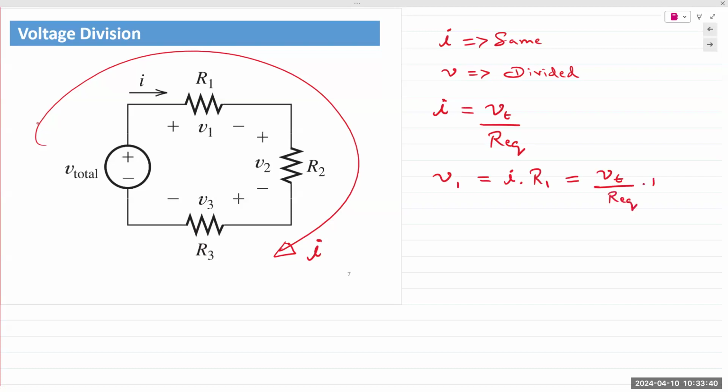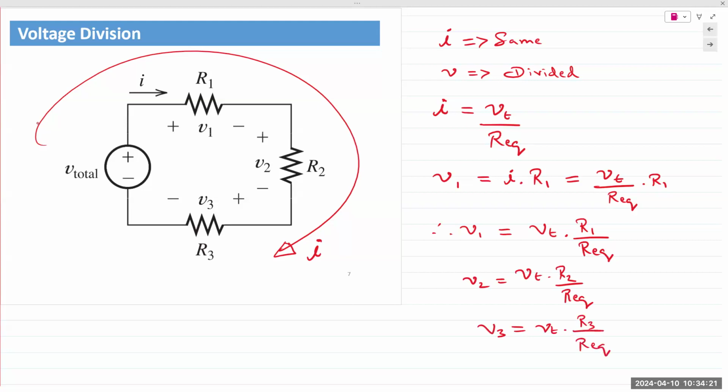You plug in the values and rearrange the terms, and you obtain V1 as a fraction of the supply voltage VT, and the fraction is given by the ratio of the resistor to Req. That's it. As easy as that. So it's a fraction of VT, and the fraction is the ratio of resistor R1 to Req. Similarly, V2 is VT times R2 over Req. And V3 is VT times R3 over Req.